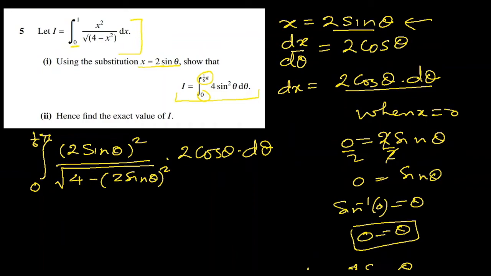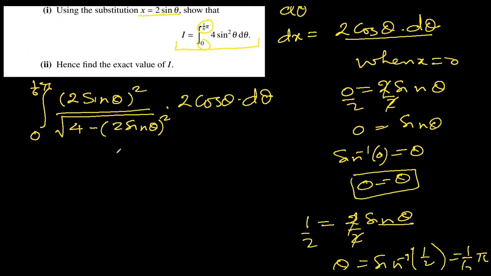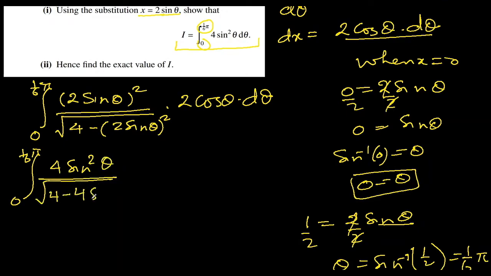Alright, let's carry out the rest of the calculations. So from 0 to 1 over 6 pi, this becomes 4 sine squared theta, and here it becomes 4 minus 4 sine squared theta multiplied by 2 cos theta d theta.